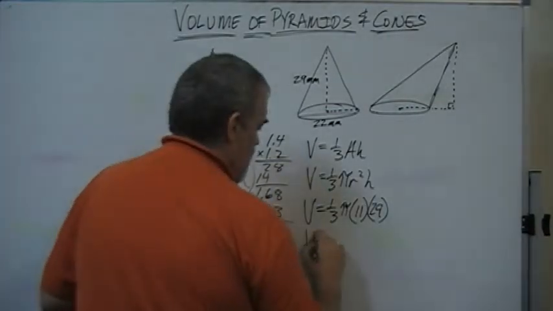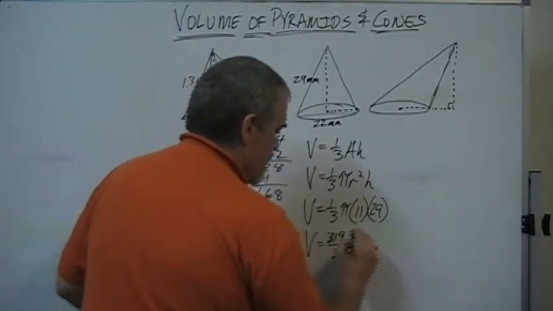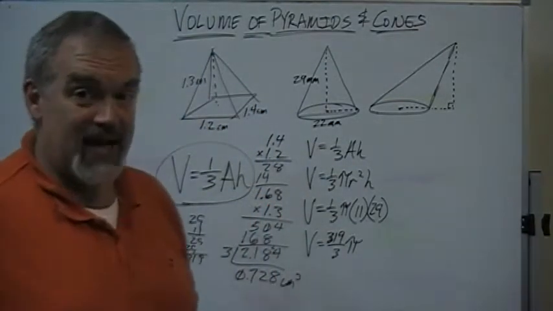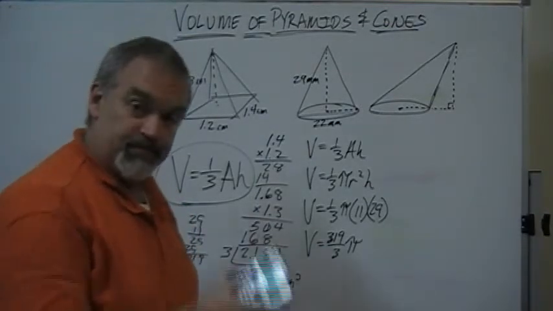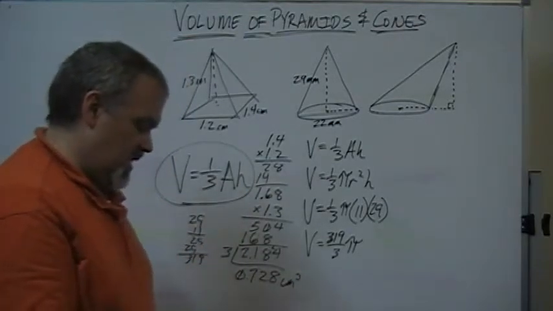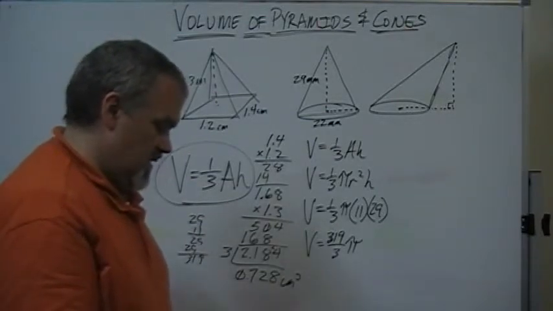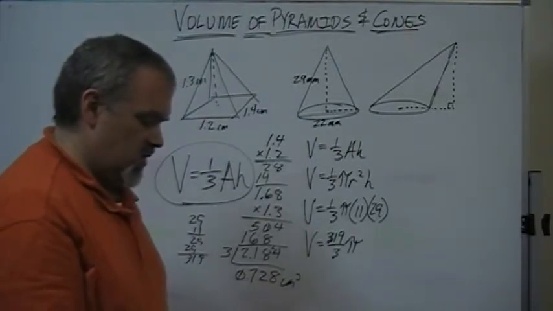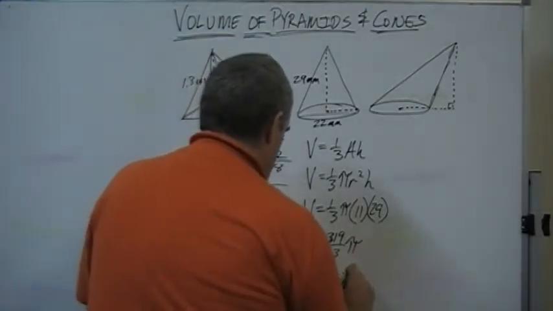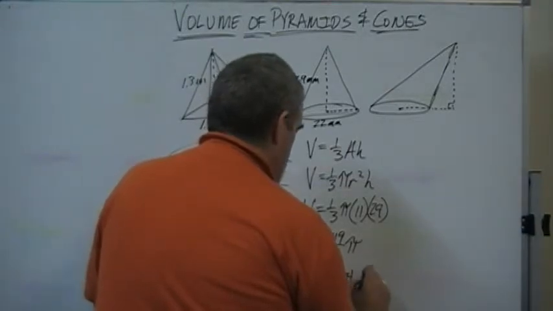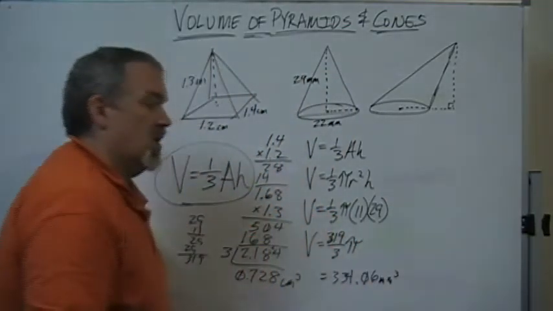And so we could leave the volume as 3509 over 3 pi. If we wanted the exact answer, that's how we would do it. Or we can pull out our handy dandy calculator and put this in, and if we wanted to go to 2 decimal places, we would get 1233.04. And we're in millimeters, so we have millimeters cubed, and we're done.